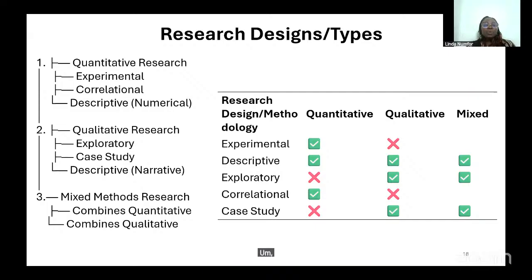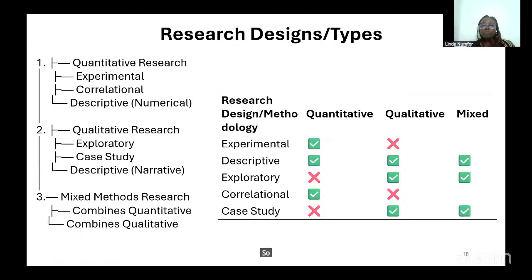And with qualitative, we can get exploratory, we can get case study, descriptive, that's a narrative explaining how it goes, their feelings. And then with the mixed methods, we can combine the quantitative and the qualitative.